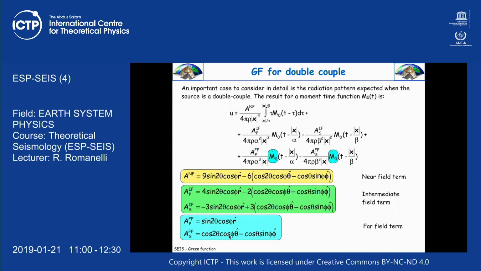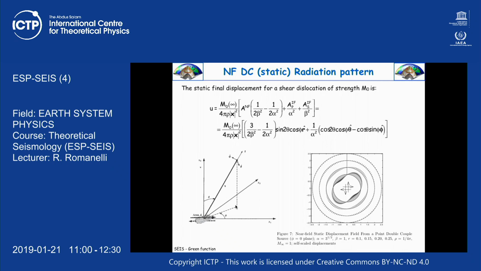So we will use a reference system that will be centered into the source, and we will describe the radial component and the shear component. And we will need three angles. We will see this in the next lecture. But please do remember that we have other two. The radiation pattern of a double couple in the far field will be the topic of the next lecture.